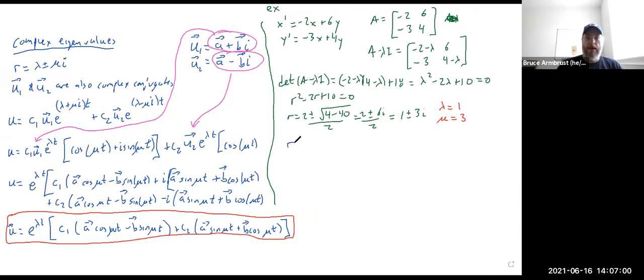So we're going to get minus 2 minus 1 plus 3i, 6, minus 3, and then 4 minus 1 plus 3i. So that gives us negative 3 minus 3i, 6, minus 3, 3 minus 3i.